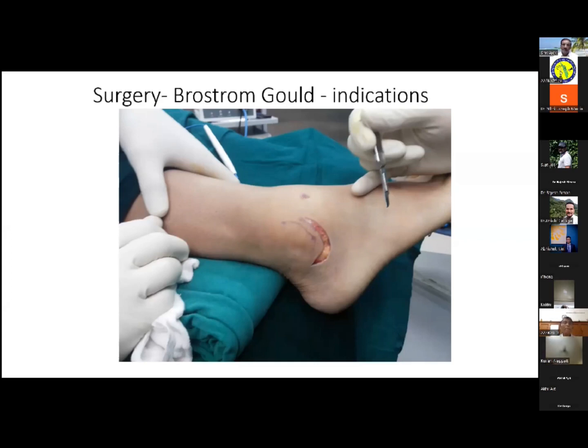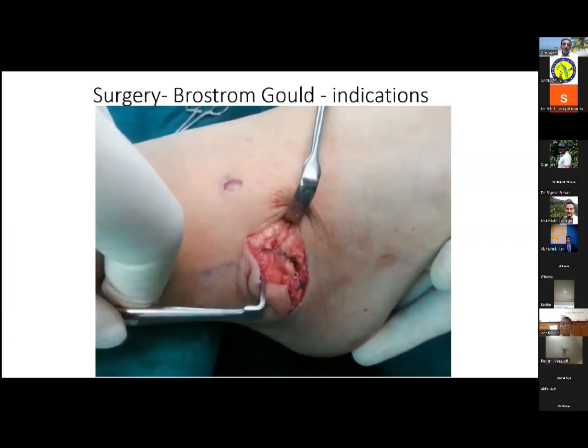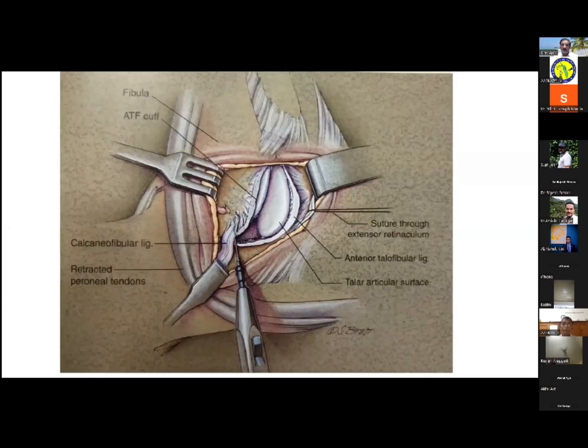So through this incision, and as we develop the planes down, we are going to isolate the ligaments. The stretched out ligaments on the lateral side can be identified, and then we are going to perform a double breasting. So I have just shown these steps here.